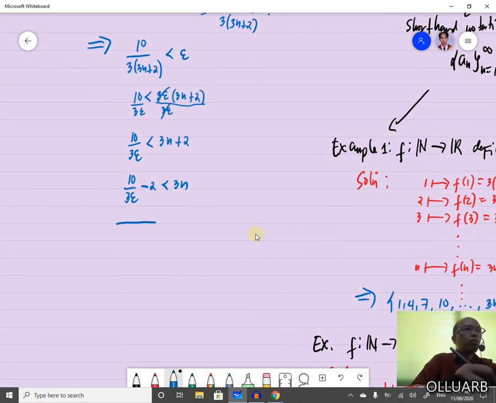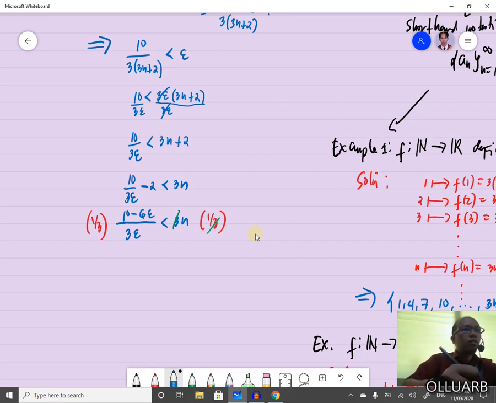And then try to combine. This is 10 minus 3 epsilon times 2, which is 6 epsilon, over 3 epsilon, less than 3n. So again, multiply both sides by 1/3, then you can cancel.